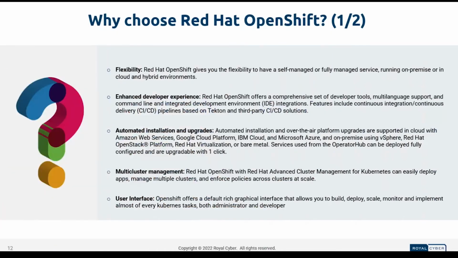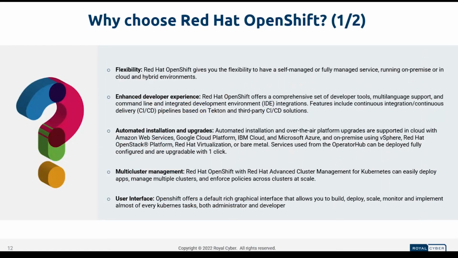Red Hat OpenShift gives you the flexibility to have a self-managed or fully managed OpenShift running on cloud or on-prem. Red Hat OpenShift offers a set of developer tools and multi-language support. OpenShift also offers over-the-air upgrades with one click.